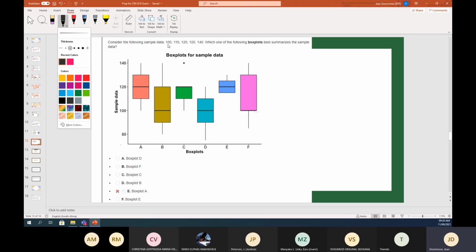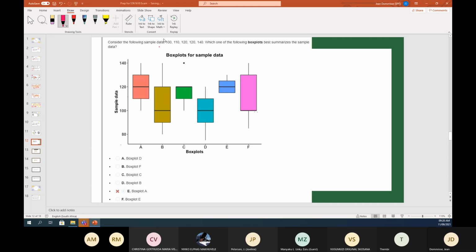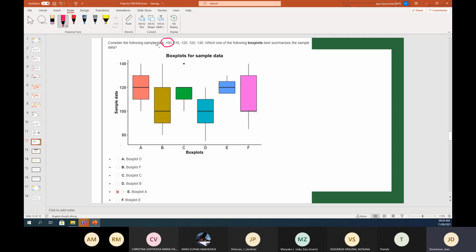The data was different. Minimum 100. So box plot A could be one of them.